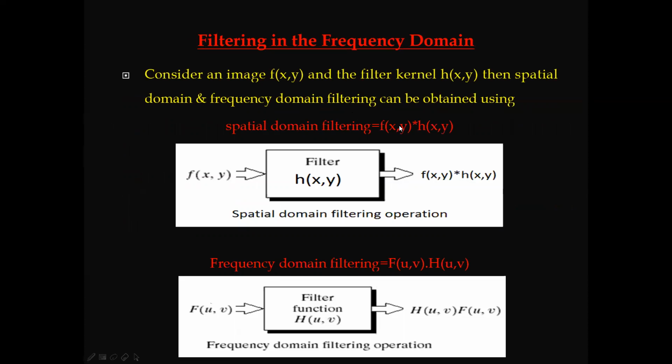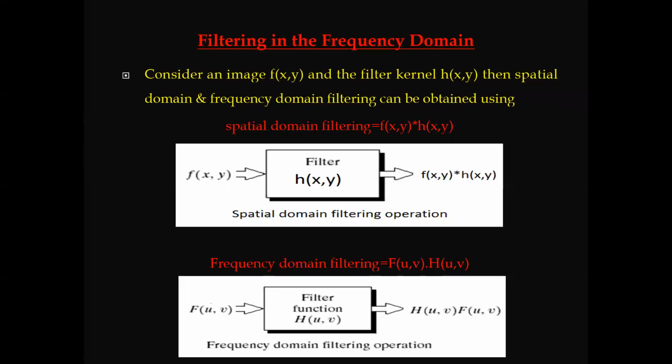The next topic is filtering in the frequency domain. In order to understand filtering in the frequency domain, we have to know the relation between the spatial domain and the frequency domain. Here I'm considering an input image f of x comma y, and the filter kernel will be h of x comma y.